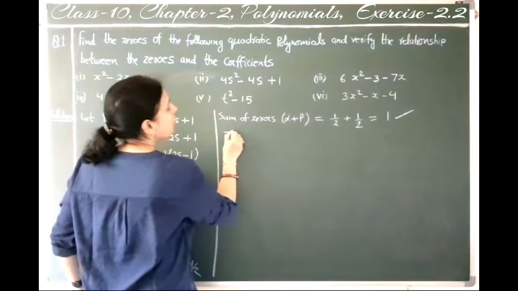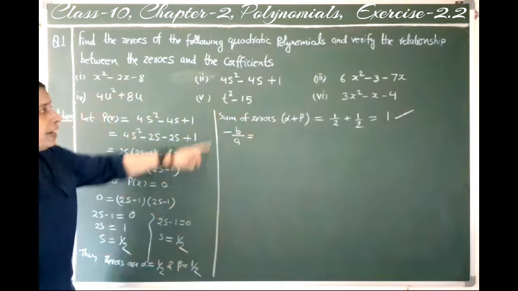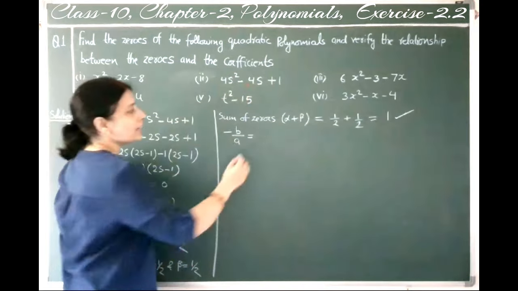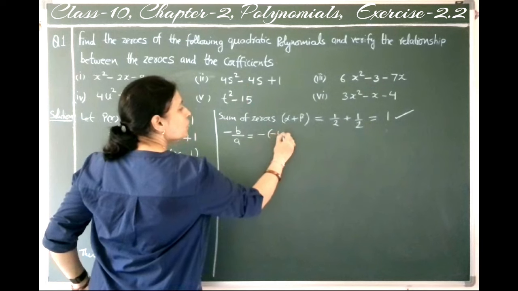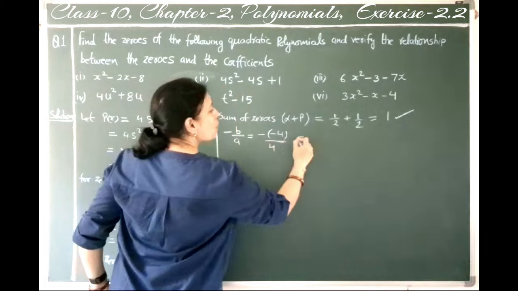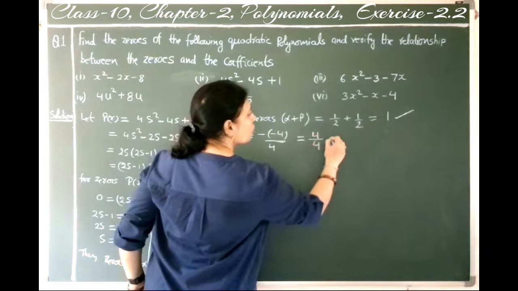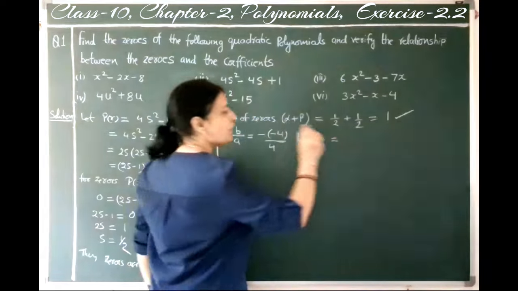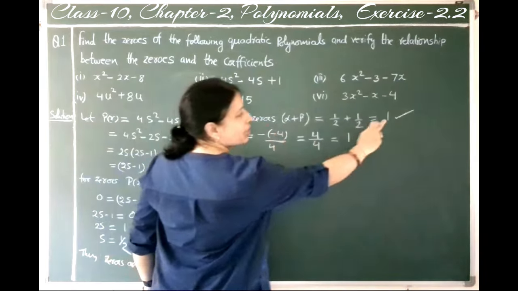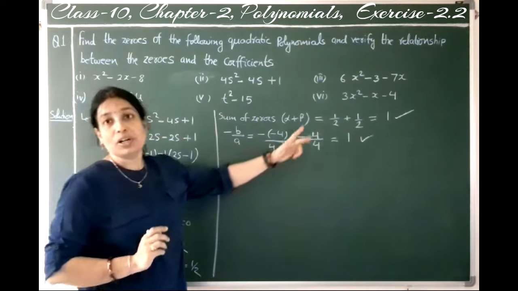Then minus b by a. Find out this one. Here b is equal to given minus 4, and a is equal to 4. So minus and minus become plus. So it is plus 4 divided by 4, which will be 1. So we have sum of zeros alpha plus beta is equal to 1, and we have also minus b by a is equal to 1.